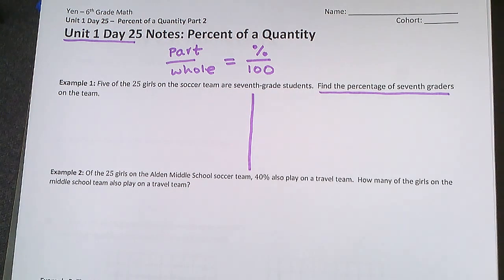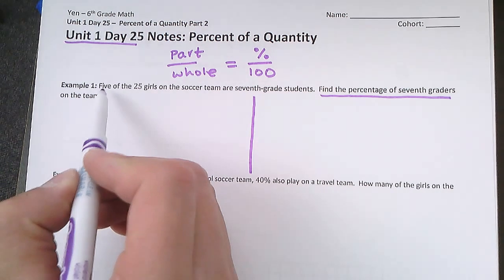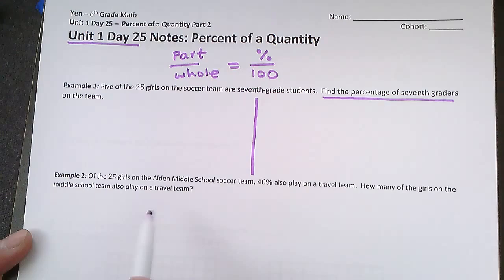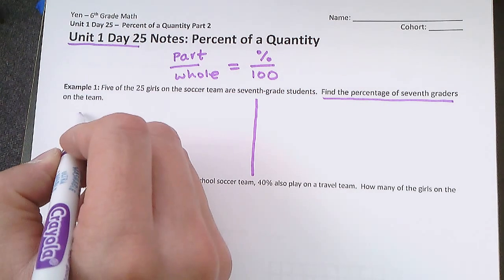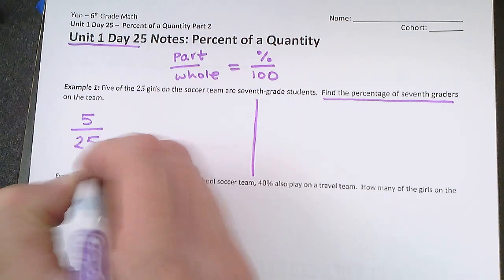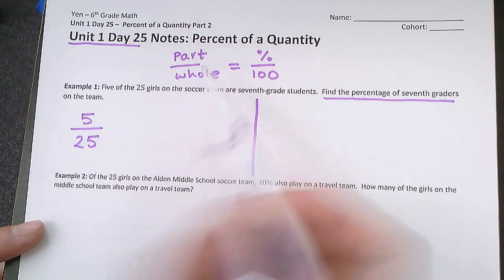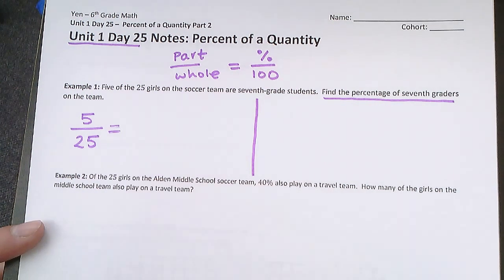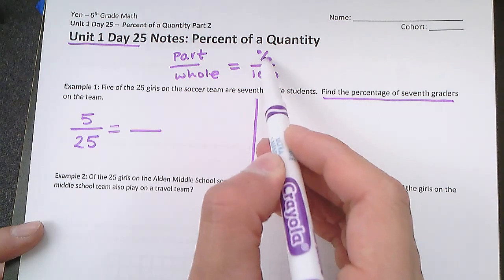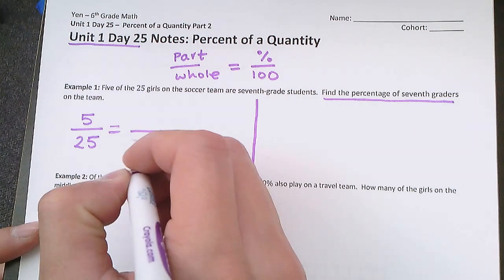Let's set up what we know. 5 is the part out of the whole, which is 25. So we'll set it up 5 out of 25. That's this left side here. And this is going to be equal to whatever the percent is, that's what we're trying to find, out of 100.